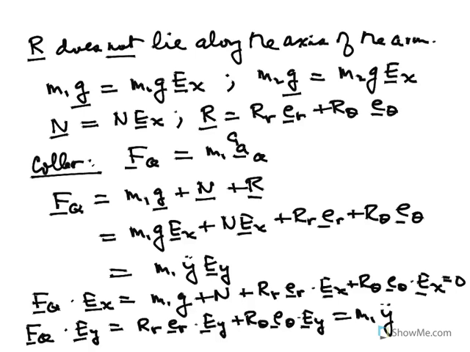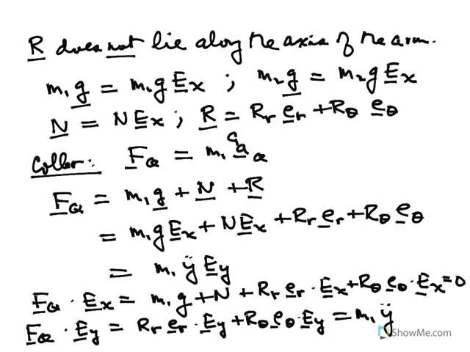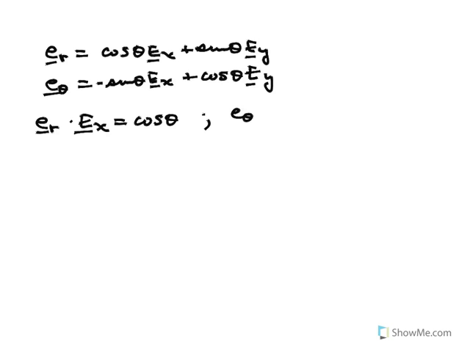So now we have to take a few dot products. So er dotted with ex is equal to cosine of theta. And then the next one is e_theta dotted with ex is equal to minus the sine of theta. The next one we have er dotted with ey is equal to sine of theta. And then the last one is e_theta dotted with ey.